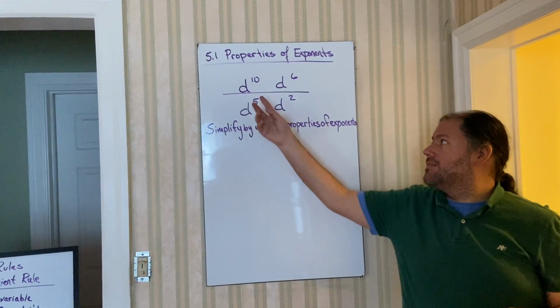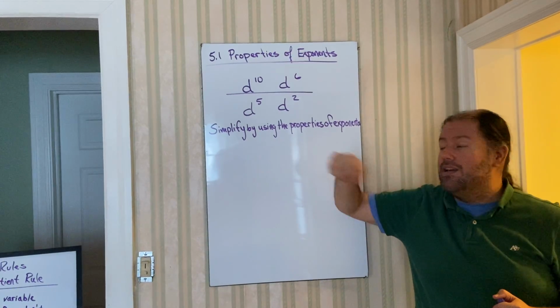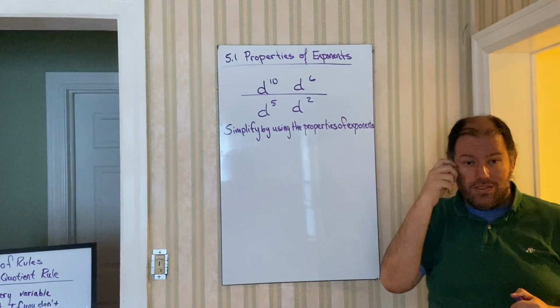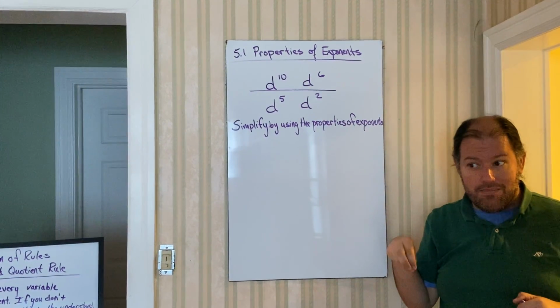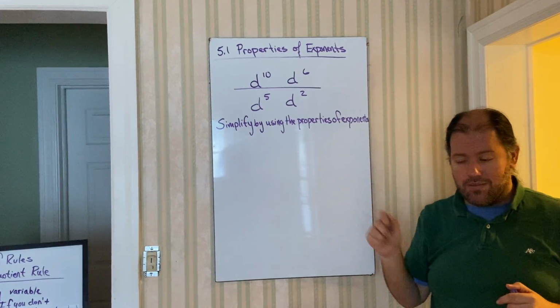So notice we have like terms on top, and we have like top to bottom. So what happens when you have like bases on top, like bases on the bottom, and like bases as a quotient rule and a product rule?